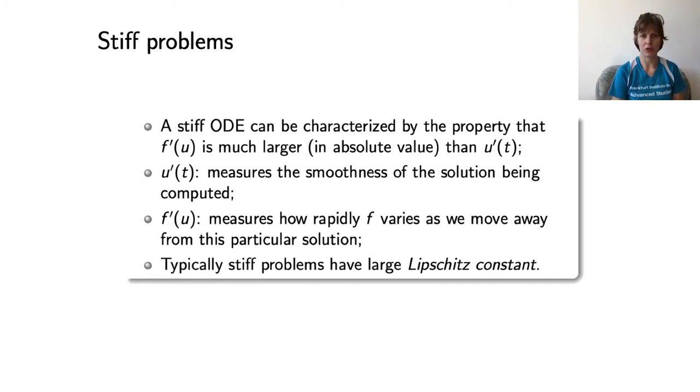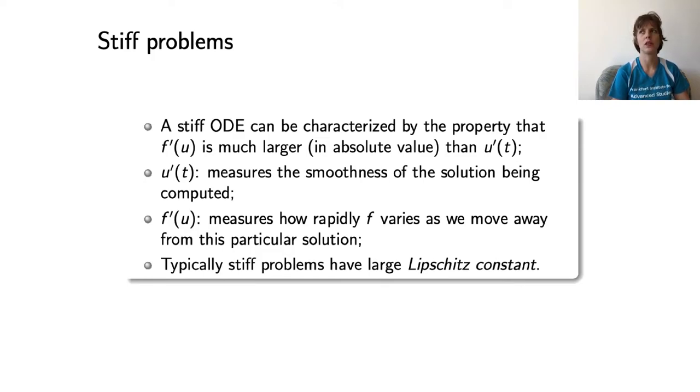A stiff ODE can be characterized by the property that the Jacobian matrix, or the derivative of our function, is much larger in absolute value than U prime.